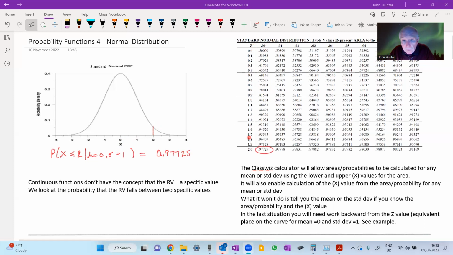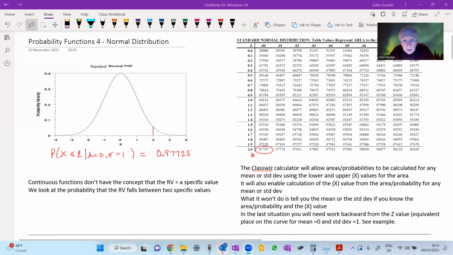These are the values of the random variable. These ones across are basically the subdivisions. So this, for instance, would be the probability that the random variable falls lower than 0.43.